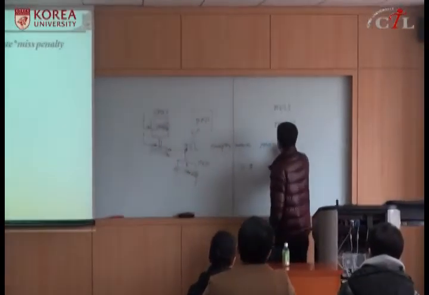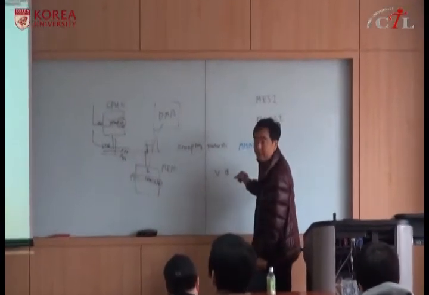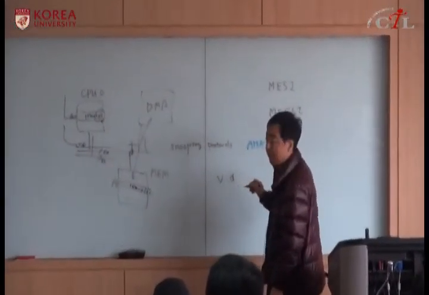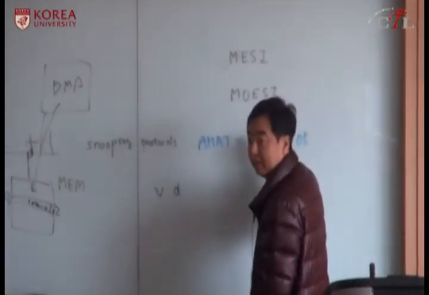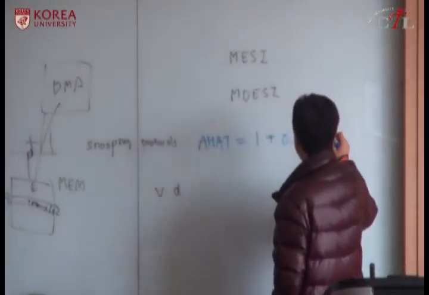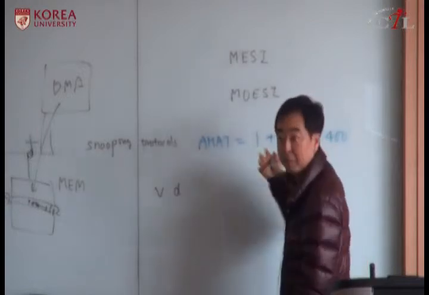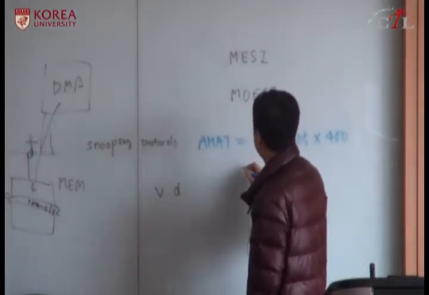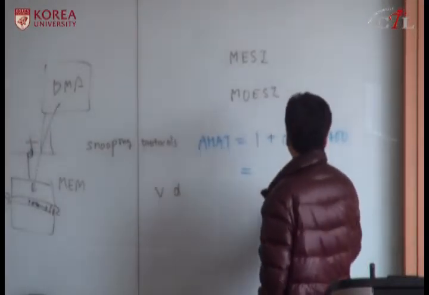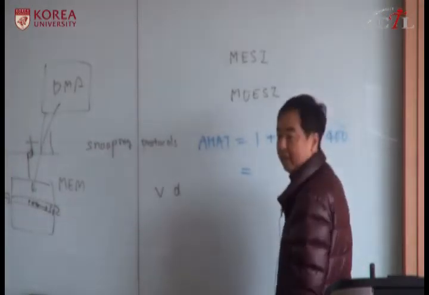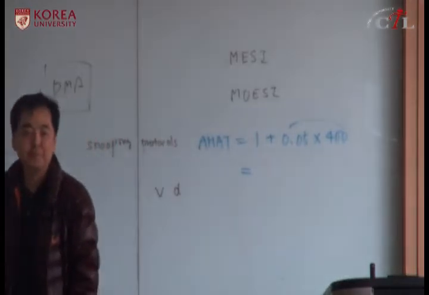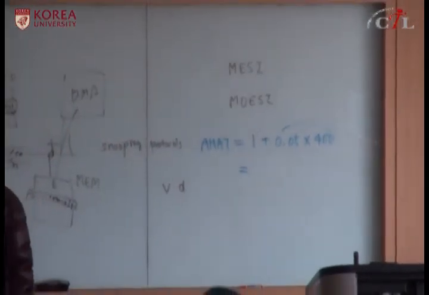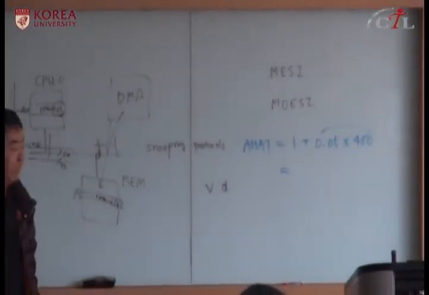with a single cache, if the hit time is 1 cycle, right? And the miss rate is 5%, on a miss, if you pay, let's say 400 cycles for memory access, your total average memory access time becomes, this is how many? 20?